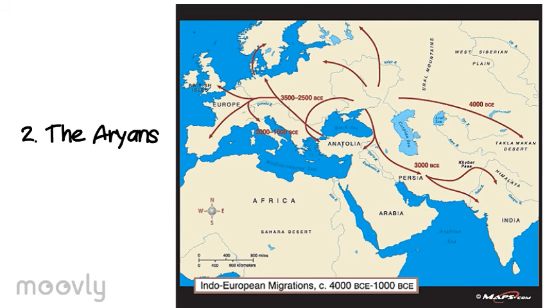But a significant portion of them dropped through the Khyber Pass into the Indian subcontinent. And their impact on the Indian subcontinent is going to be profound. With them, they brought the Hindu faith. These white, aggressive supermen came pouring into the Indian subcontinent about 3,500 years ago and changed everything. And that's what we're going to focus on.